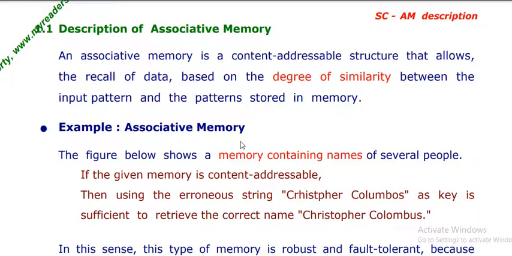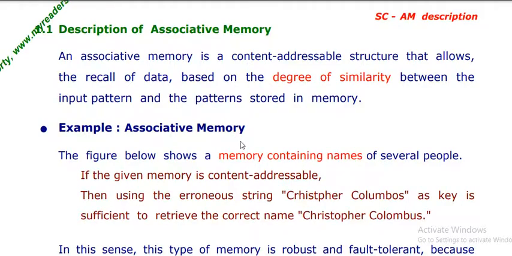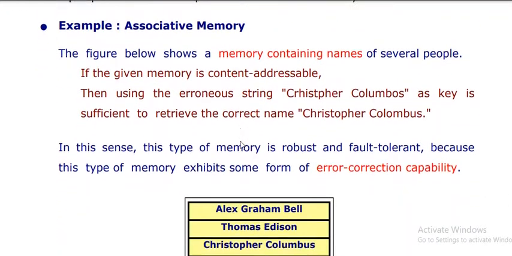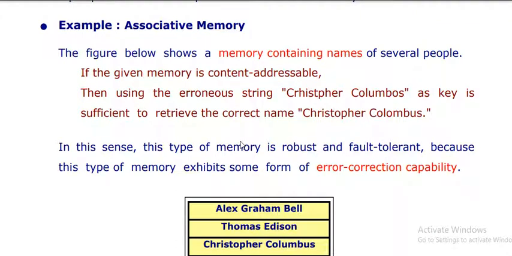Description of associative memory. An associative memory is a content-addressable structure that allows the recall of data based on the degree of similarity between the input pattern and the pattern stored in the memory. Example: the figure below shows a memory containing names of several people.